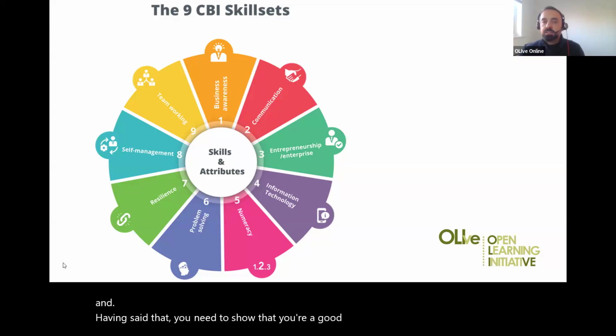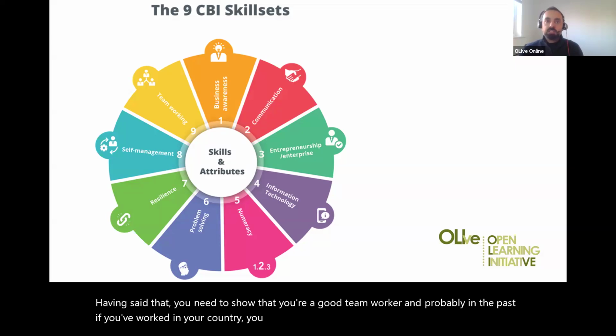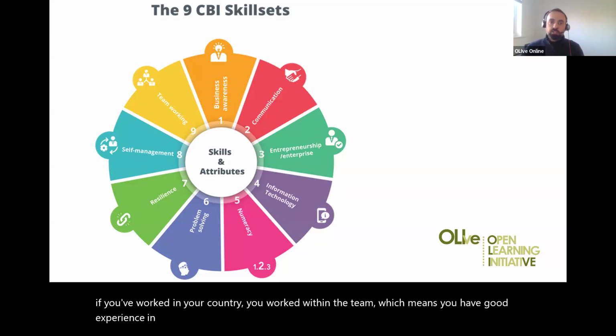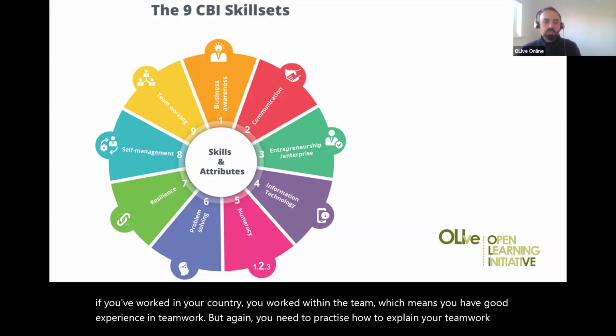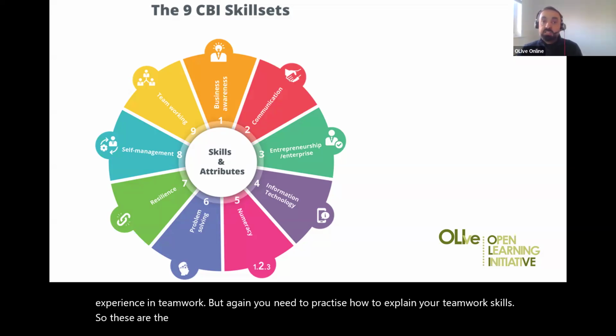And probably in the past, if you worked in your country, you worked within a team, which means you have good experience in teamwork. But again, you need to practice how to explain your teamwork skills. So these are the 9 main employability skills.